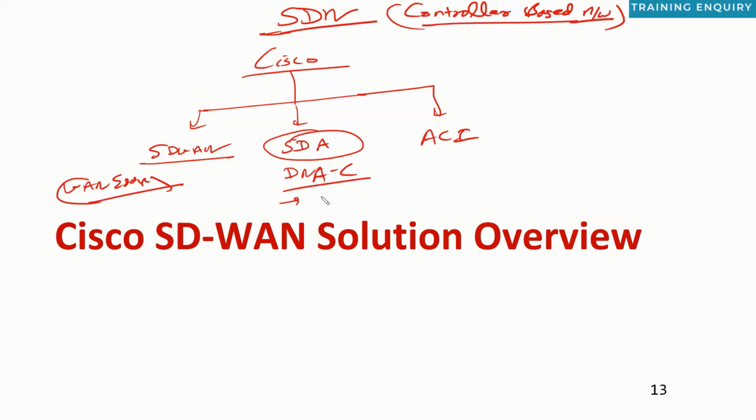Then you manage all your switches and routers, meaning non-SD-WAN routers. But these are Catalyst switches only, not the Nexus switches. For Nexus switches, which are usually installed in your data center, we have got the ACI controller.